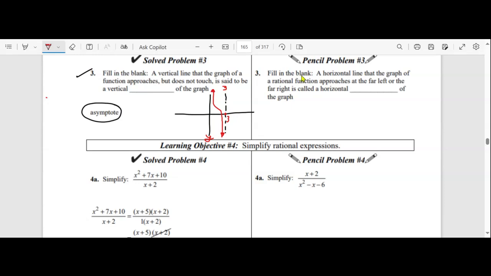Next one. Fill in the blank: a horizontal line that the graph of a rational function approaches at the far left or the far right is called a horizontal asymptote of the graph.